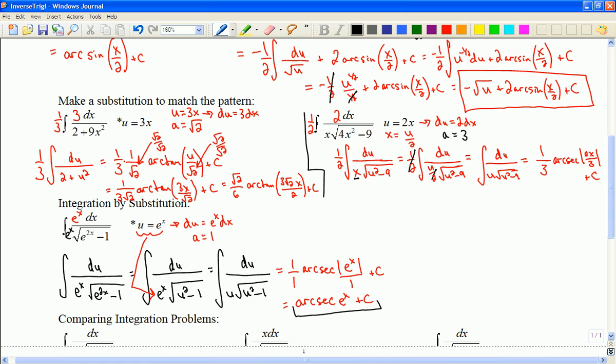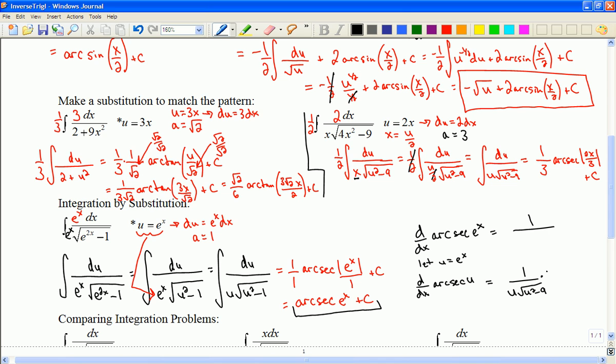So if I wanted to walk you through that one, I'd end up with the derivative of arc secant e to the x is 1 over, you may want to think about it like this, let u equal e to the x, so then the derivative of arc secant of u will be 1 over u root u squared minus 1.